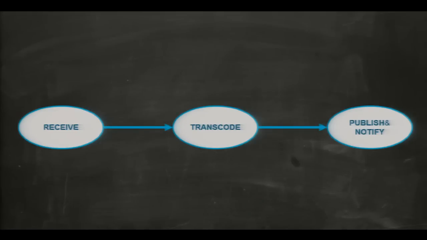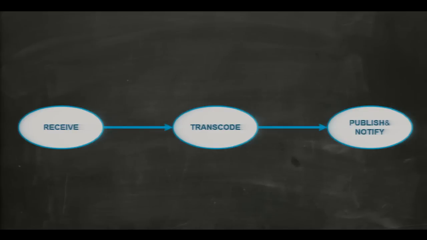And here what we see, we have a three-stage process between receiving, transcoding, and when the transcoding is done, to publish and notify customers of the transcoded media file. Now, the way it's shown here is it's actually tightly coupled, because receive directly calls into transcode, which directly calls into publish and notify.